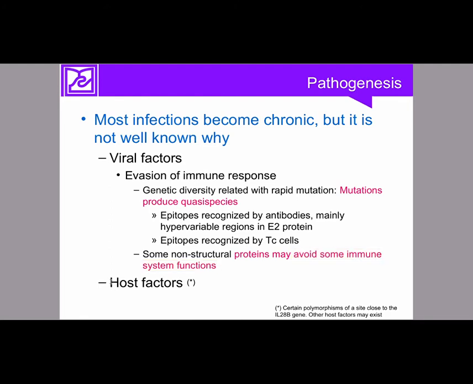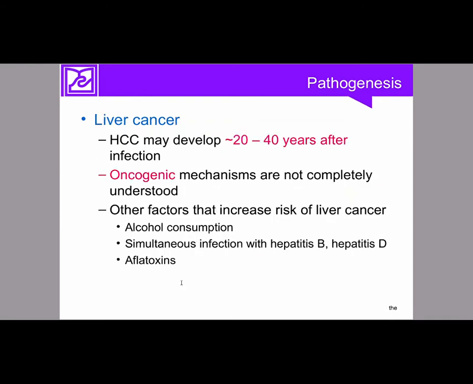And another reason depends on the host. Not all people have the same risk of developing chronic disease. At the end of the class, in Complements for Better Understanding, I show you one slide related with these host factors. So some people have a higher risk of becoming chronically infected, okay?